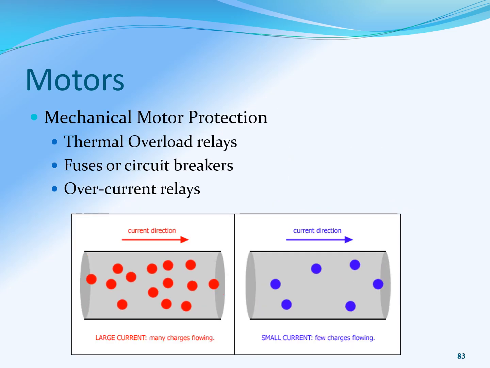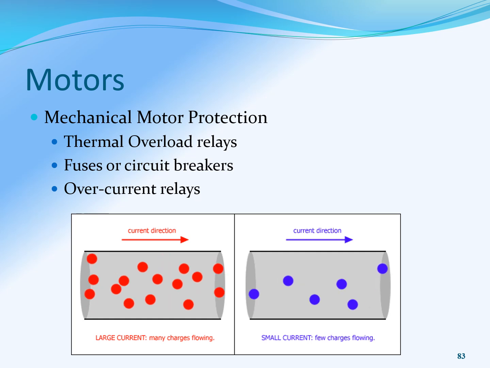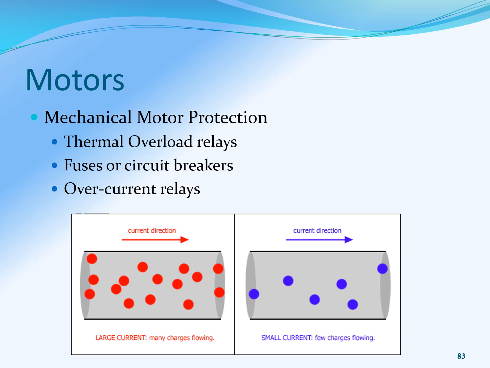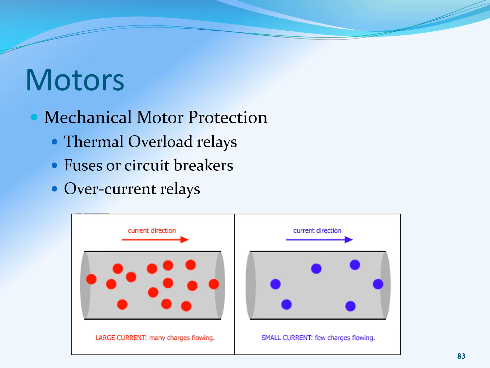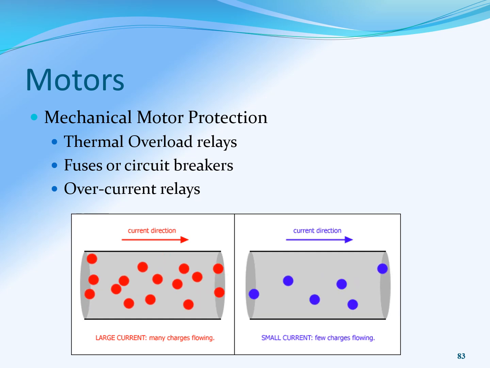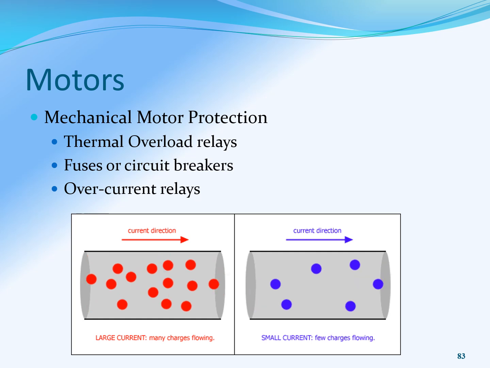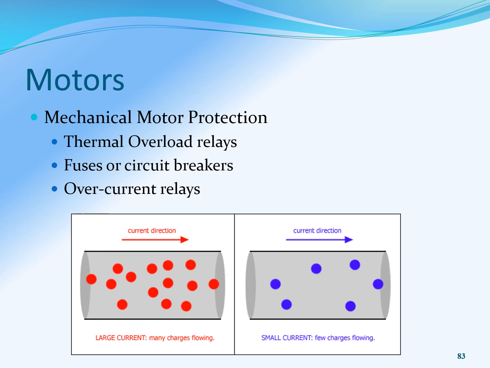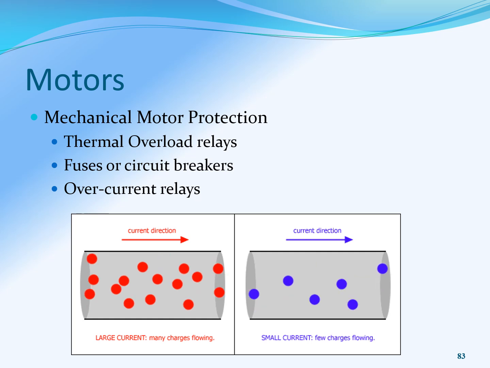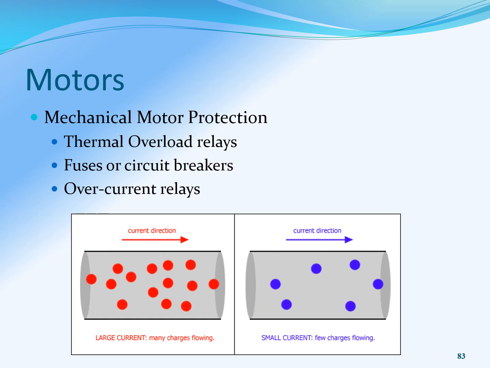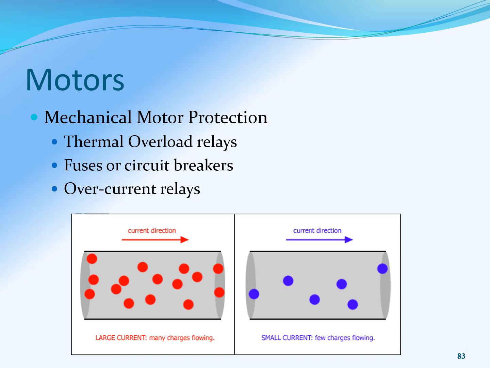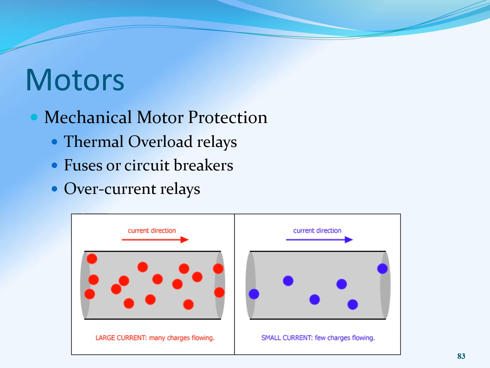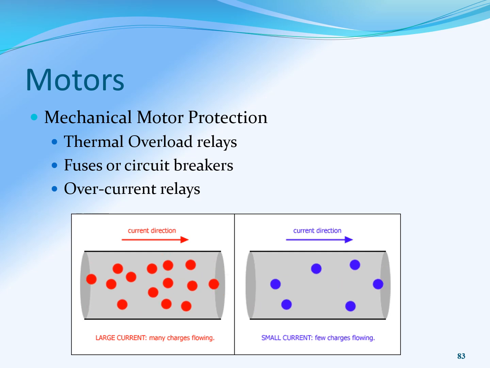When you have motors, obviously, they cost a lot of money, so you want to ensure that there are ways to protect that investment. These motors will come equipped with built-in motor protection systems. Some will be thermal overload relays. As temperature reaches a certain point, it will eventually cut that motor out to prevent frying or burning up anything.